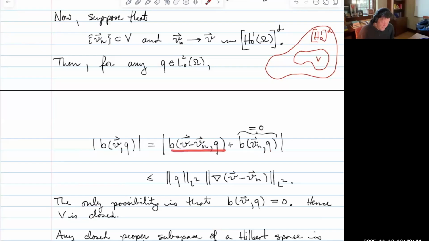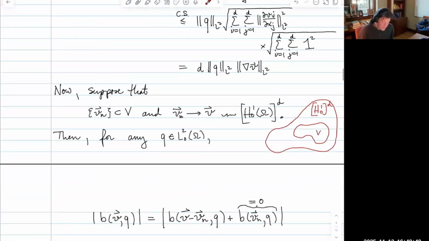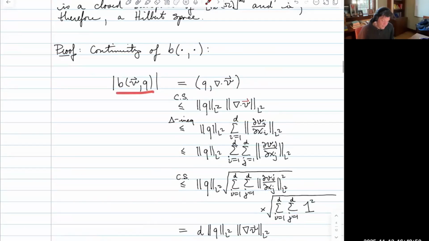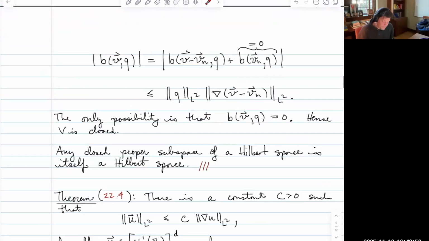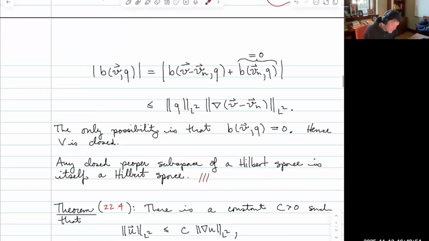What about the other term? That's what's left. Well, I can use the continuity that I just arrived at from above. I'm missing something: the constant D. I forgot that constant. So Q just goes to here, and whatever is here goes to here.